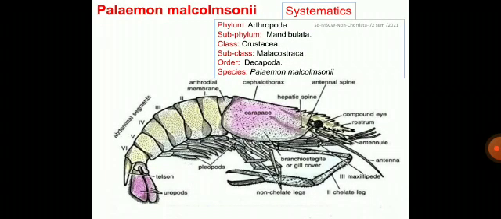So this is the morphological structure of Palaeomon. The diagram will give you the divisions of the body, the various appendages which are serially arranged one behind the other from front anterior end to the posterior end of the body.